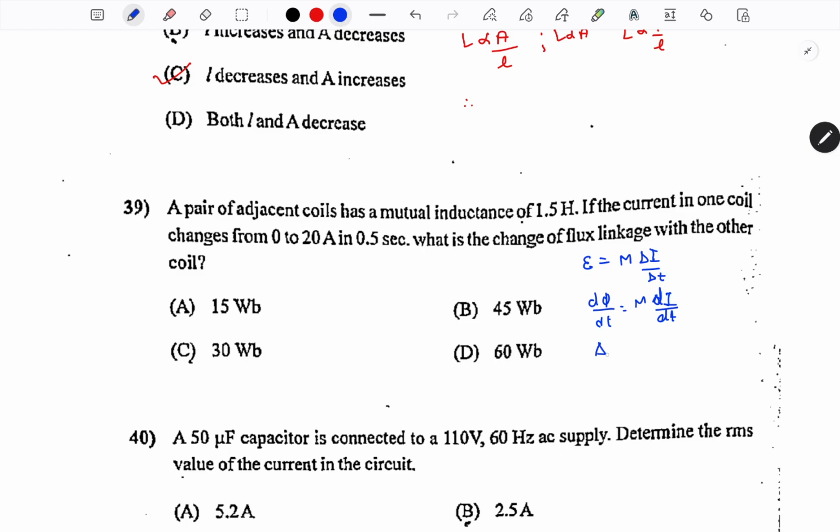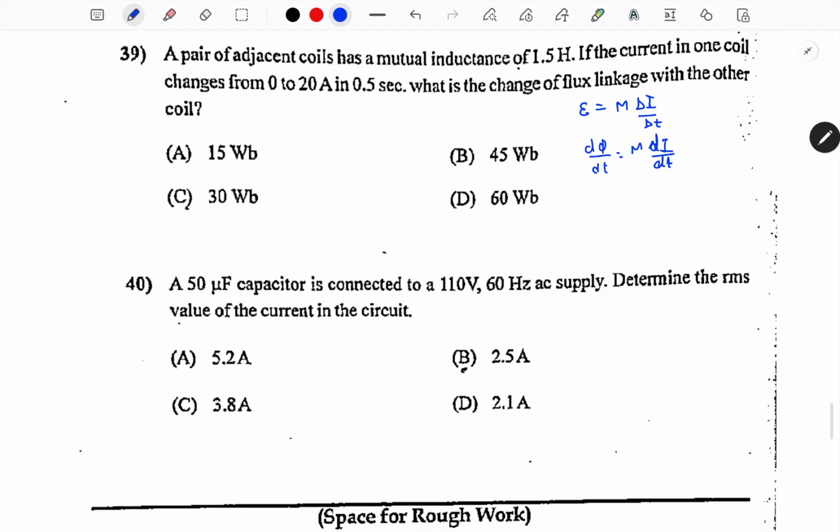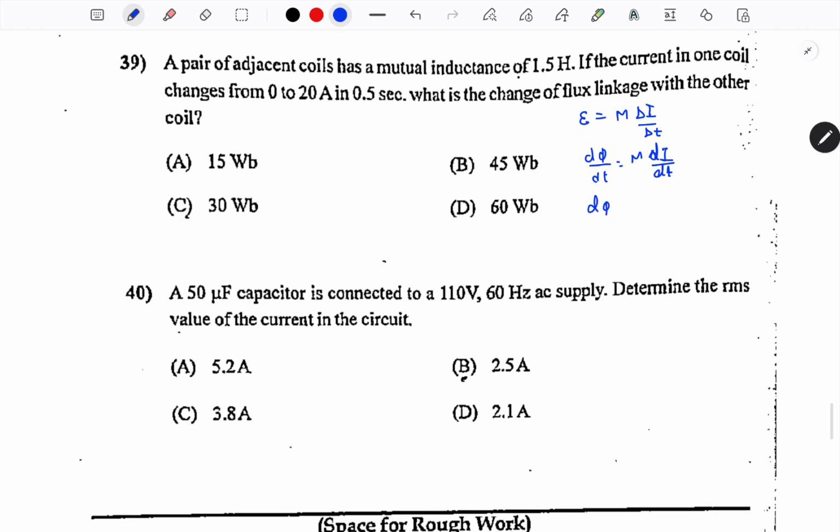So we can say d phi is equal to M into change in current. M is 1.5 and the change is from 0 to 20, so it is 20. So 1.5 into 20, the answer is 30 Weber, option C.